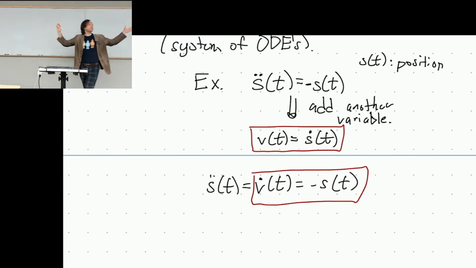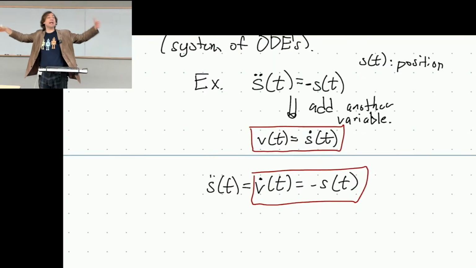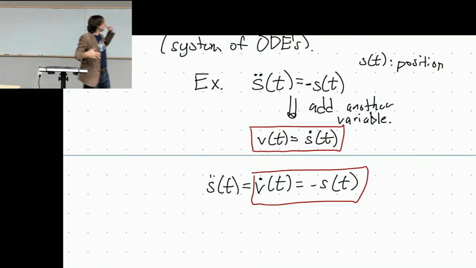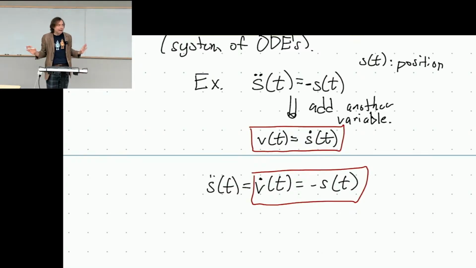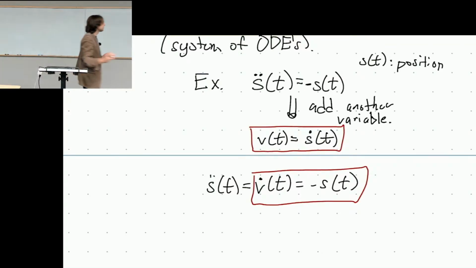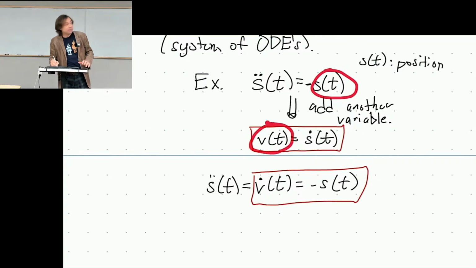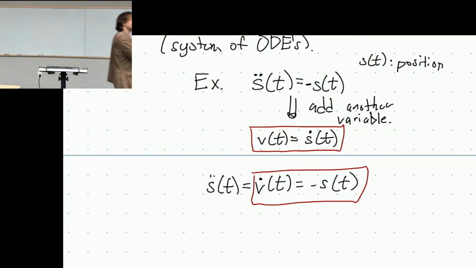By adding a variable, they're now first-order differential equations. I can now use Euler's method. I can use these methods. That's the technique we're going to use. And coincidentally, it actually unlocks an entire set of techniques that's super important for controls. You'll see that there are now 2 key variables, s of t and v of t.